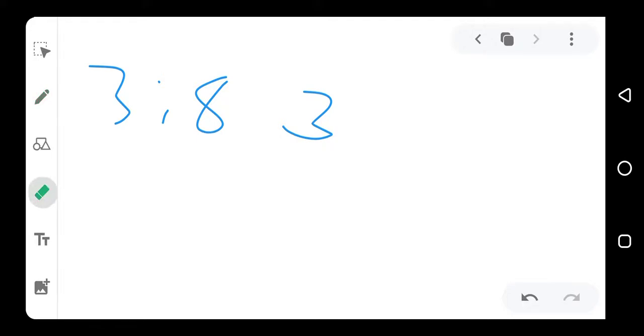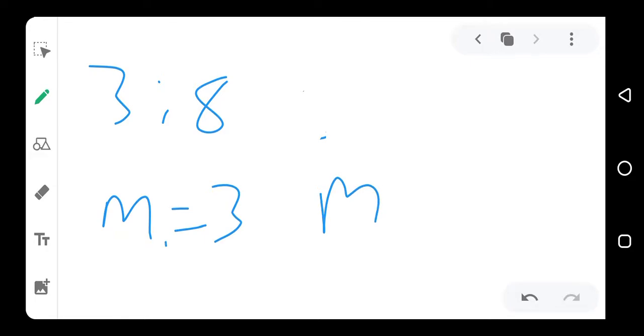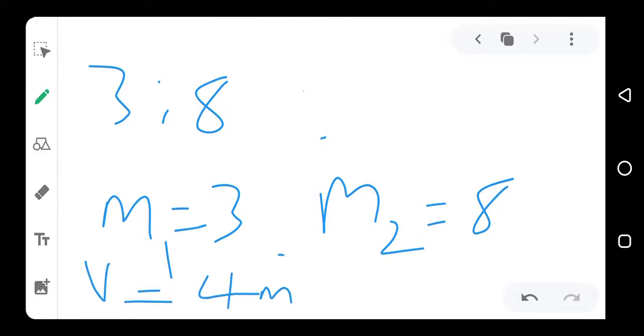So M1 now is equal to 3 and M2 is equal to 8. That is what this ratio gives us. And we are told that V is equal to 4 meter cube.